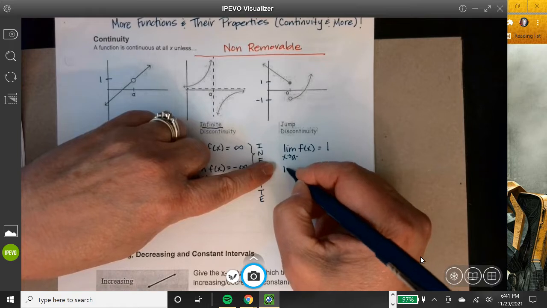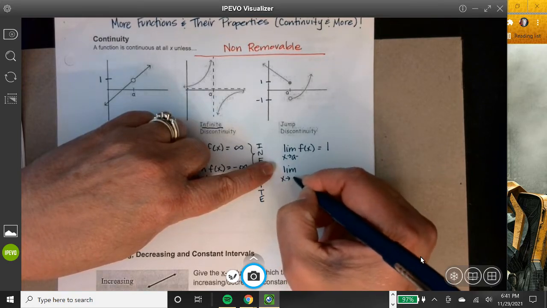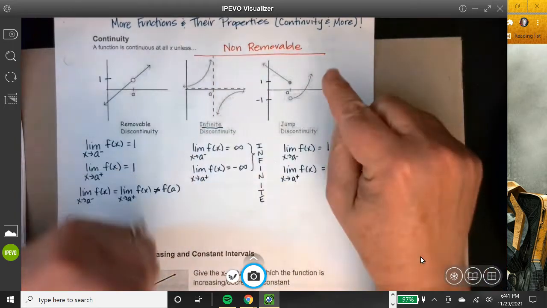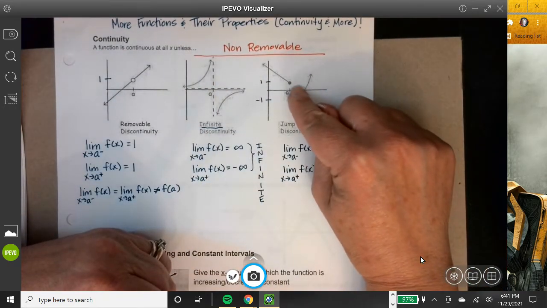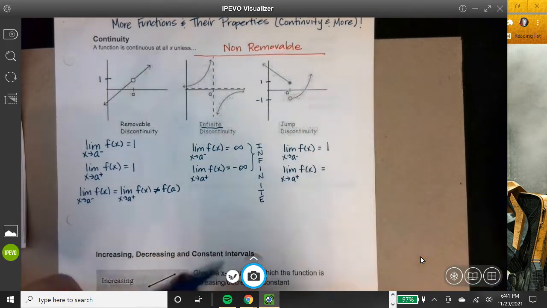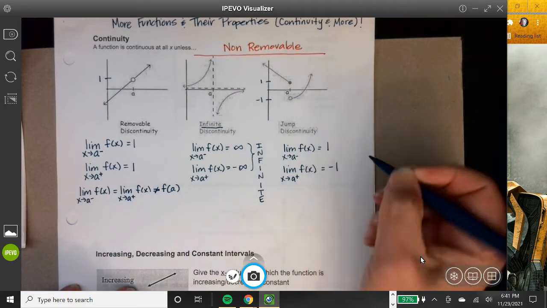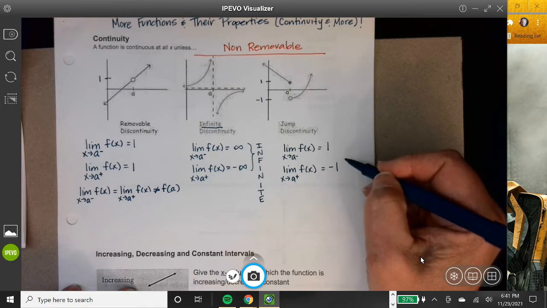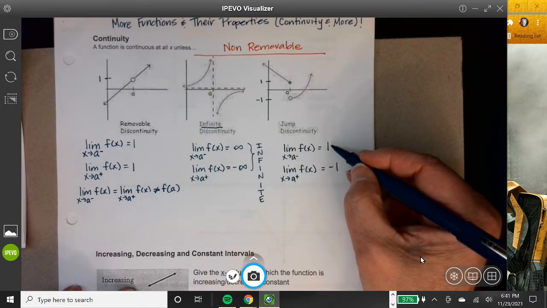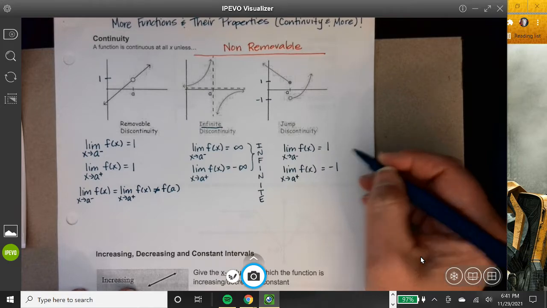All right, let's try the other direction. The limit as x approaches A from the positive side. So as x gets closer and closer to A from the positive side, the y is approaching -1. And do you see how these aren't equal? So the y values are essentially jumping from one finite number to another finite number.